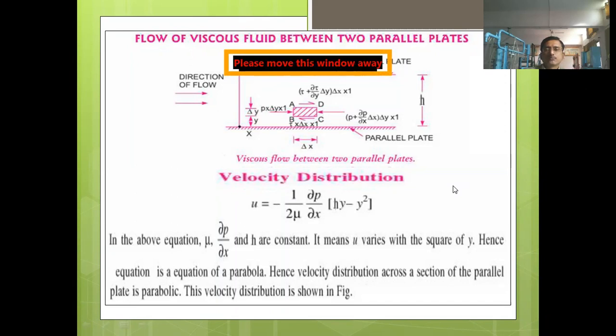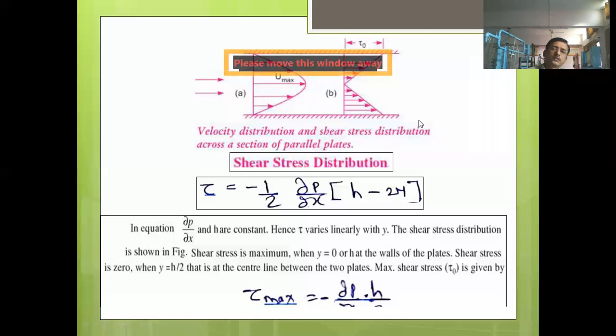And there, write down the velocity distribution equation. U is equal to minus 1 upon 2 mu del P upon del x into hy minus y square. Everyone has written this? Next, we will move ahead. Write down this shear stress distribution equation.